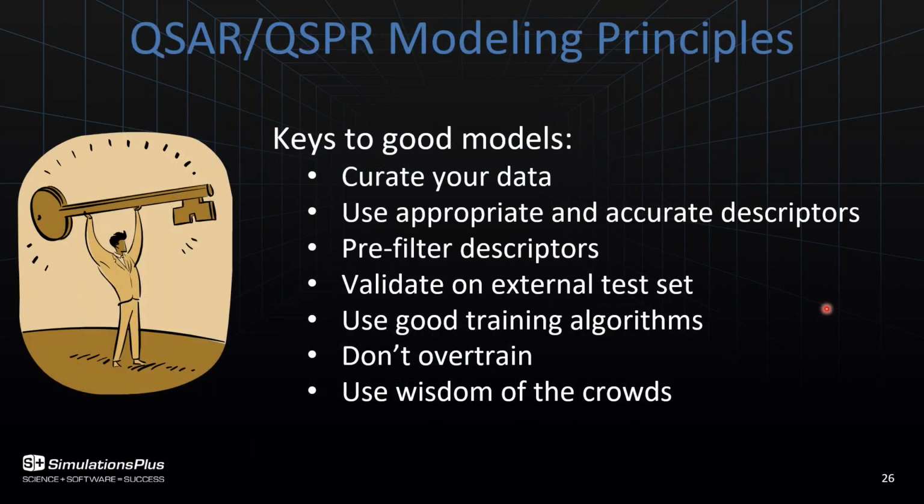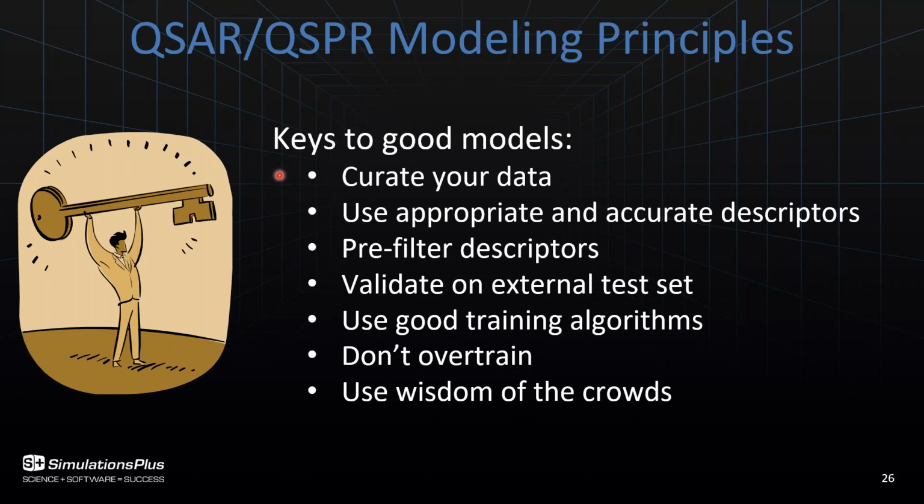This next slide lists some of the keys to creating good models. The most important thing is curating your data. If your data set has garbage in, you're going to get garbage out, especially with these newer algorithms that tend to overtrain the model. They learn the errors in the data and can accurately predict the errors.